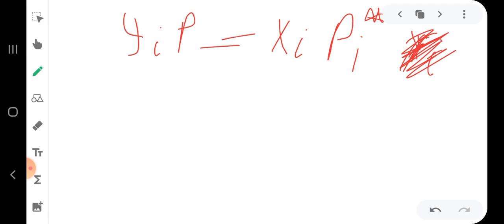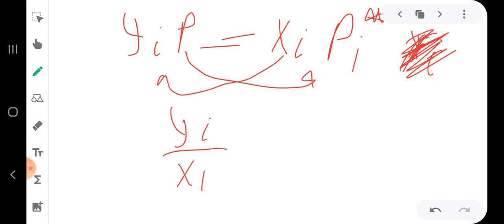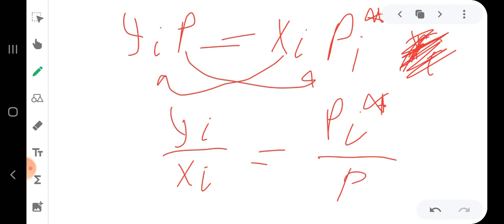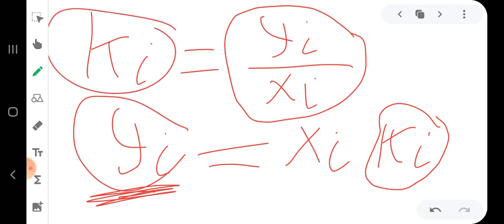So what will happen if I take this P here and I take this Xi here? You will get that Yi over Xi is equal to Pi sat over P. And what is Yi over Xi? Yes, you got it right. This is Ki, the distribution coefficient.